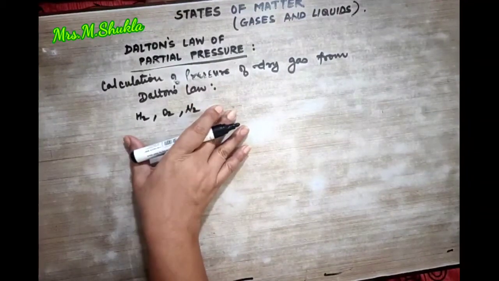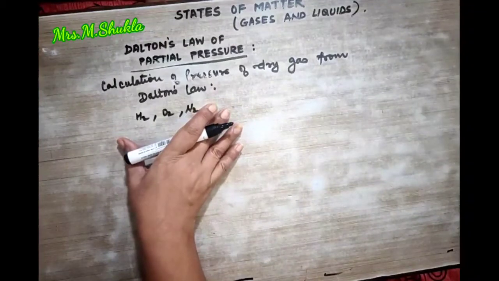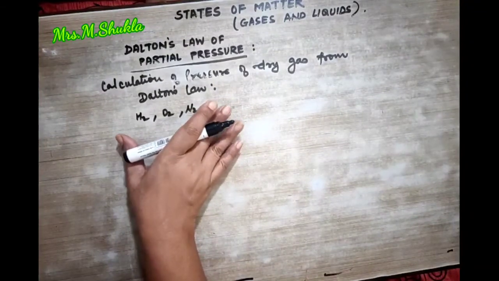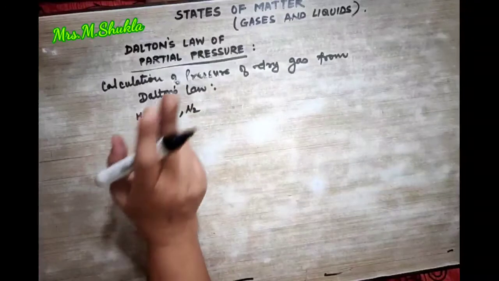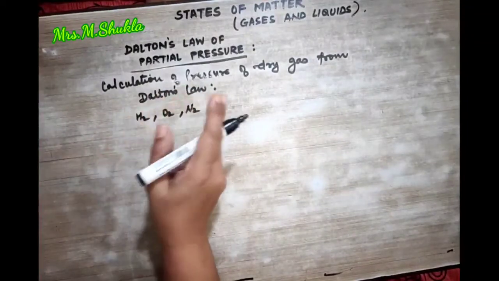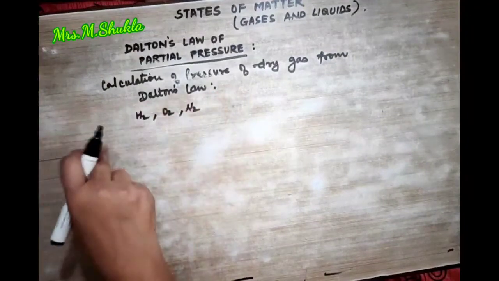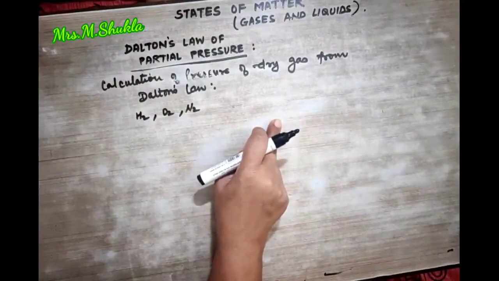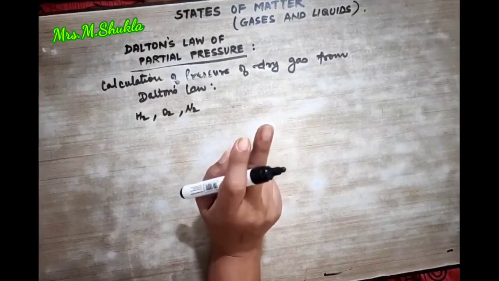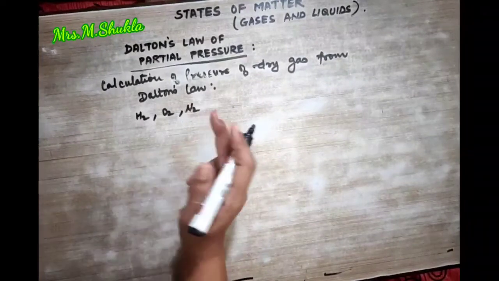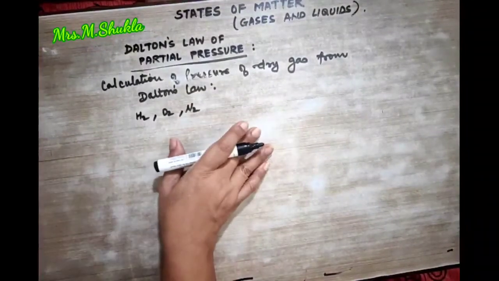So these gases contain molecules of water in them. Therefore, the observed total pressure will always be equal to the sum of the pressures of the gas and the water vapor. I hope you remember this, you have done it in class 9th, I believe.